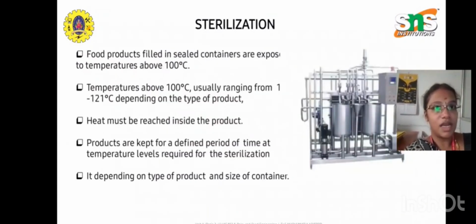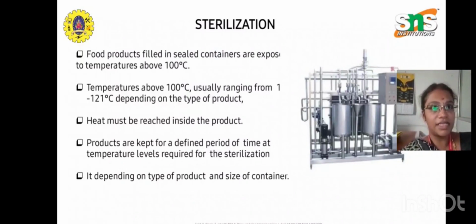Mainly, the food product that has to be sterilized is filled in sealed containers, and these are exposed to temperatures above 100 degrees Celsius. Each and every particle in the sterilizer must be heated to above 100 degrees Celsius.